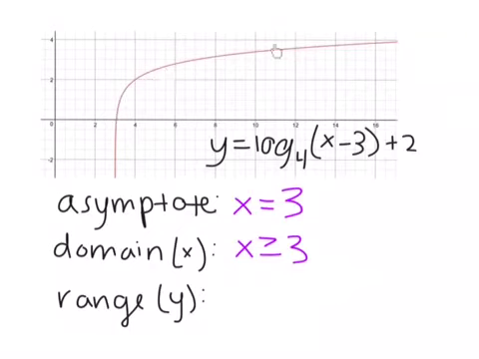And once again, it's harder to see on this part of the line, but it's going to keep getting bigger, very slow and gradual, but it will eventually reach infinity. So same as if the function was just y equals log base 4 of x, our range is going to be all real numbers.